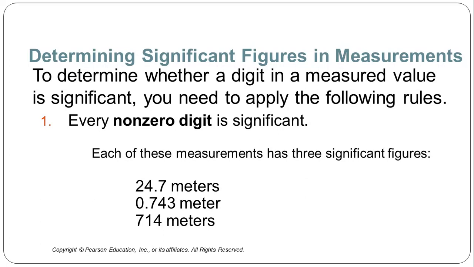For instance, 24.7, and 0.743, which has four digits. However, rule 1 says every non-zero digit is significant, and the 0 in front is a leading zero, so it is not significant. In the last example, 714 meters, all 3 digits are non-zero, so all of them are significant.